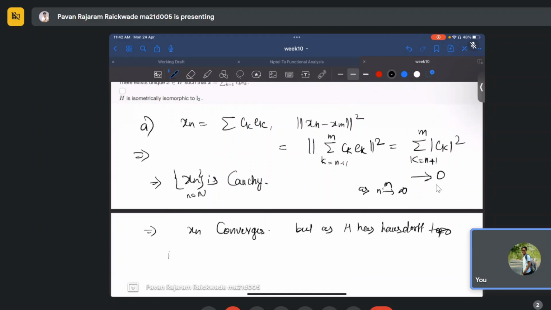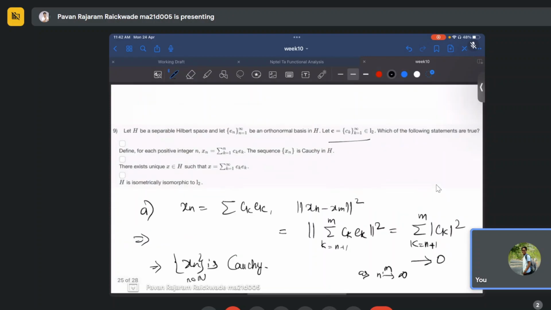So if we call x the limit as n goes to infinity of x_n, that will be the summation of c_k e_k, k going from 1 to infinity. Then x is unique. There is no need to check any other arguments because it's a Hausdorff topology; the limit will be unique.